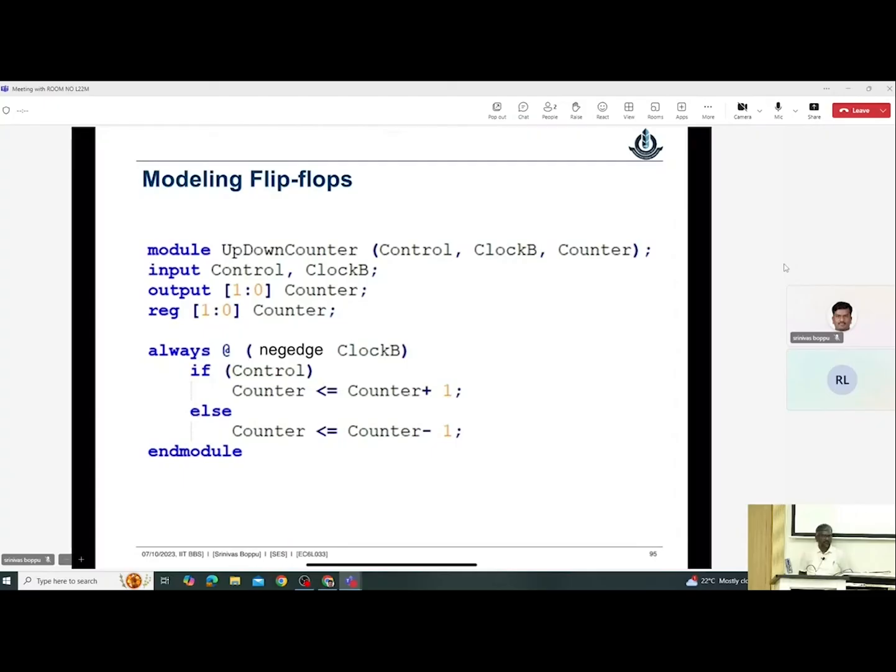Whenever the control signal equals 1, you are doing an up count, and whenever the signal equals 0, you are doing a down count. So how do I come up with a circuit for this one? Try for 5 minutes or so.